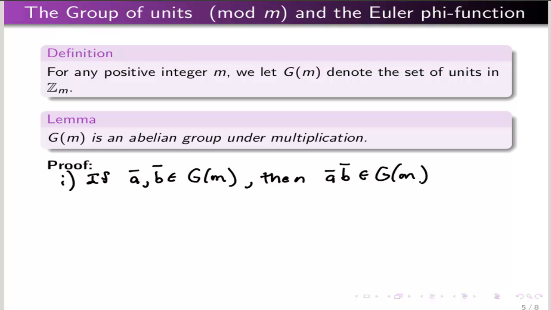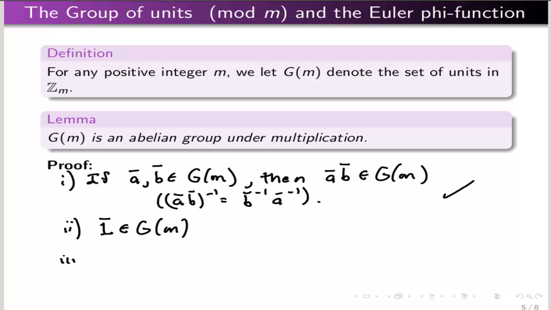In fact, we showed in that earlier discussion that the inverse of A bar B bar is just the inverse of B times the inverse of A. Of course, the order doesn't matter here. It's a commutative ring, so it's closed under multiplication. Property 2, the identity 1 bar is in here. And the third property is that if A is a unit, then it has an inverse, and the inverse is a unit.